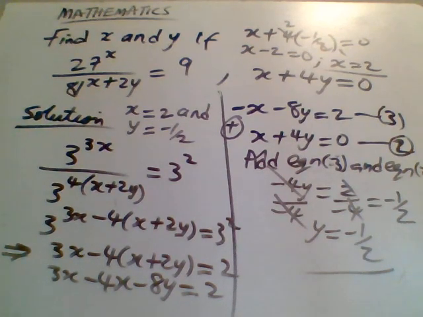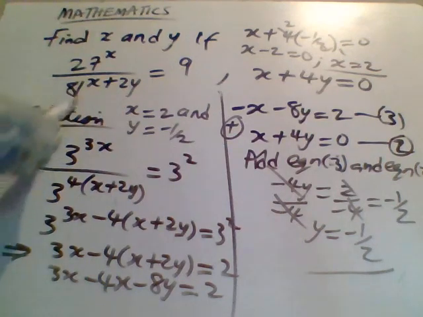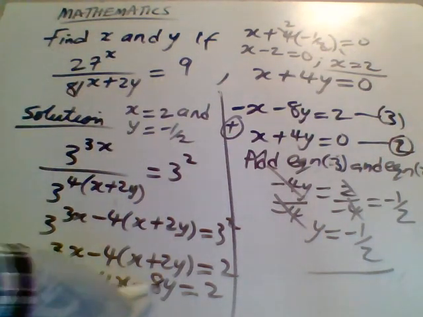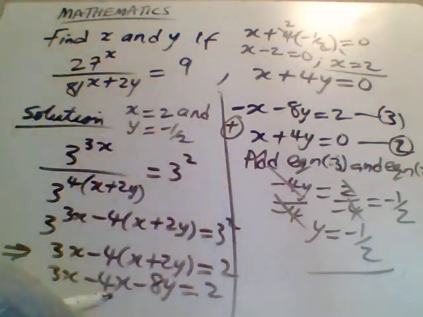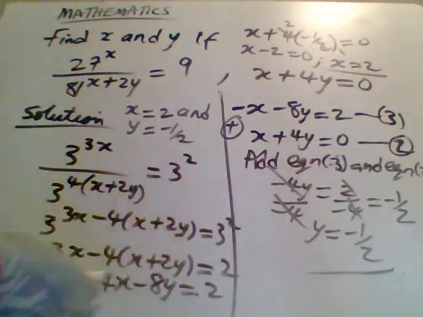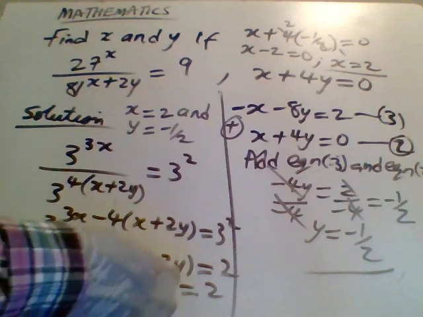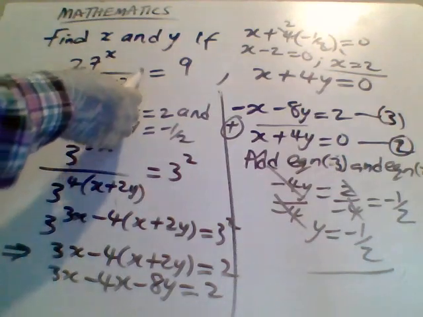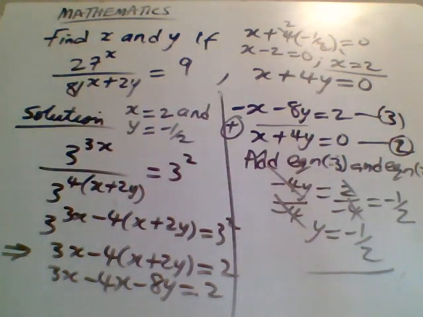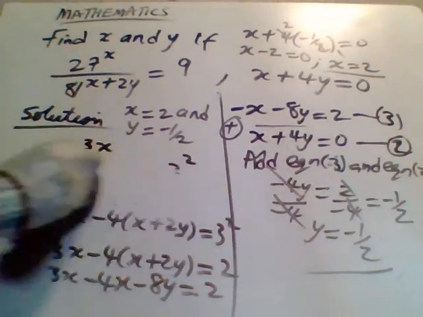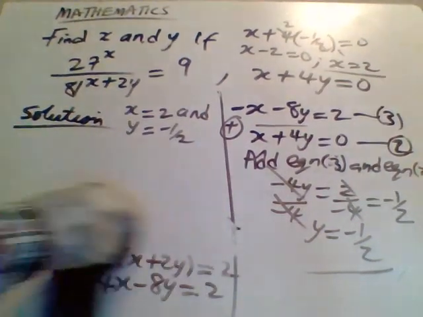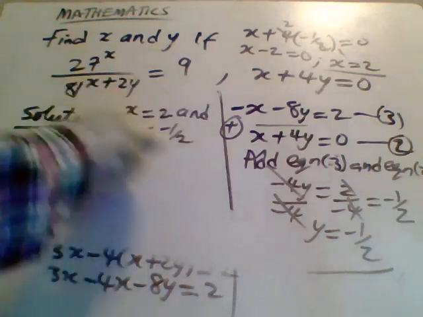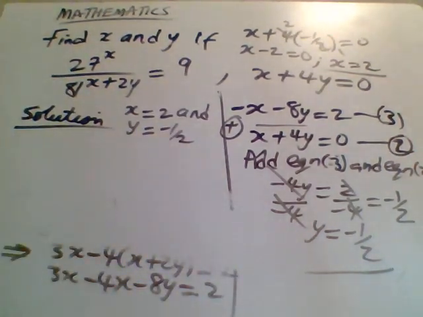Now you see that this equation here, we simplified it until we got to here. Looking at this, I'm only considering this value here is equal to all of this, is it not? So we have to check our answer for extraneous solution. These are the values we got: x equals 2 and y equals minus half.